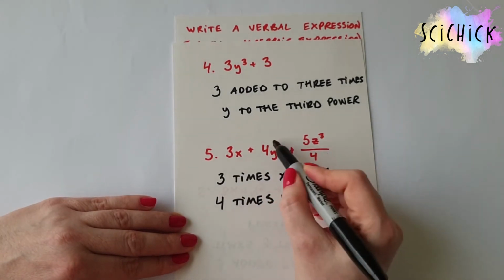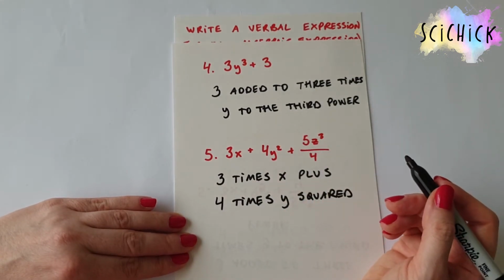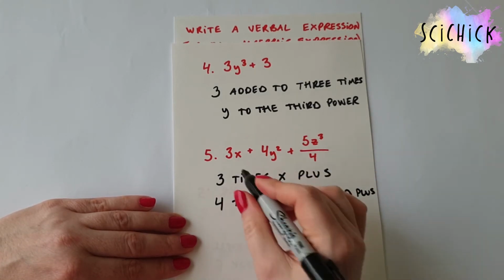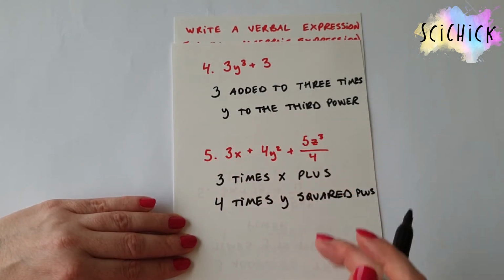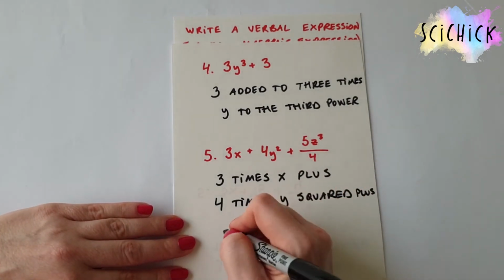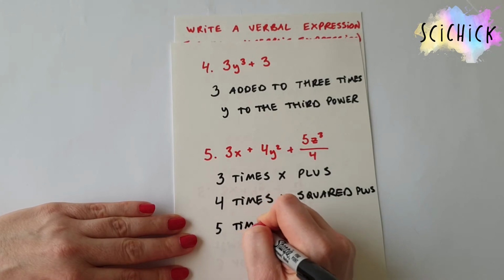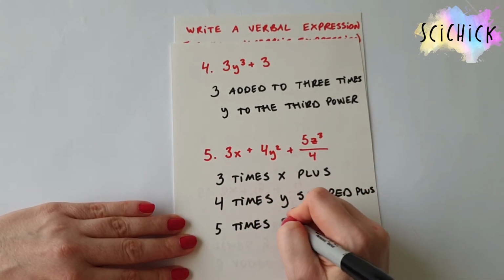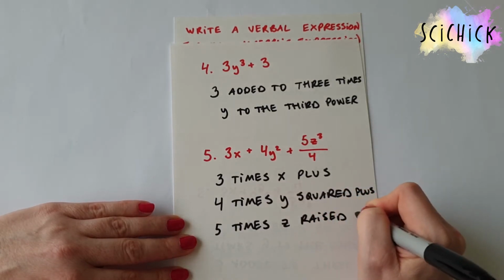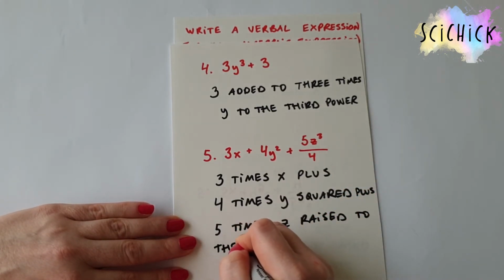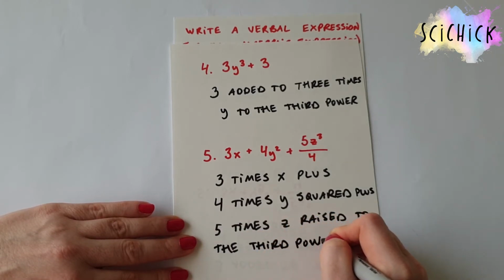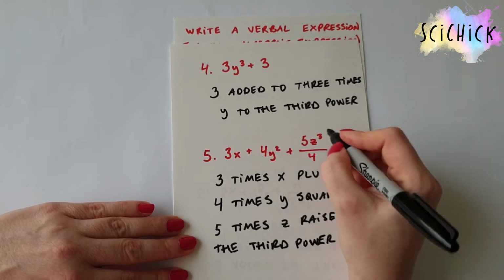This is squared. When I have 2 here, it's y squared, okay? And then I'm going to put a little plus here, just so it's one line for each part of the expression. And here we have the biggest one, and that's going to be 5 times z raised to the 3rd power.